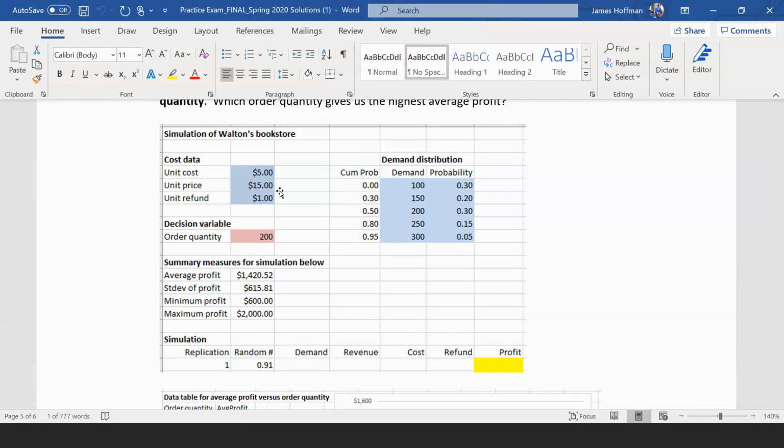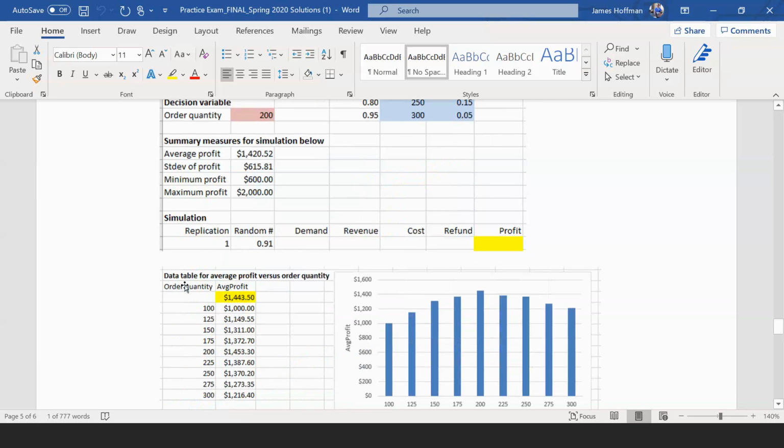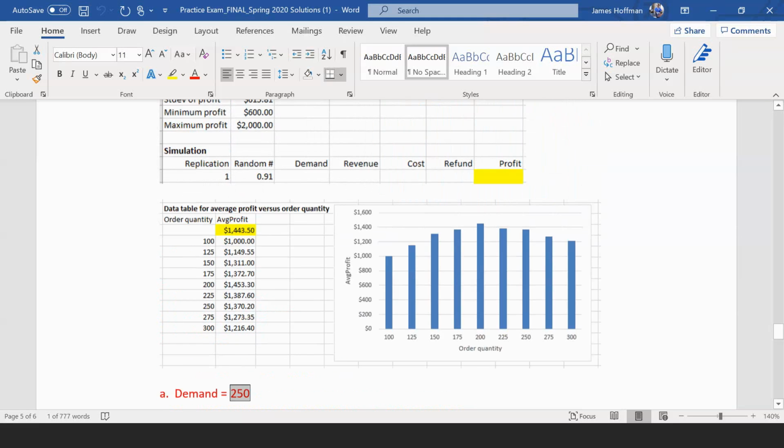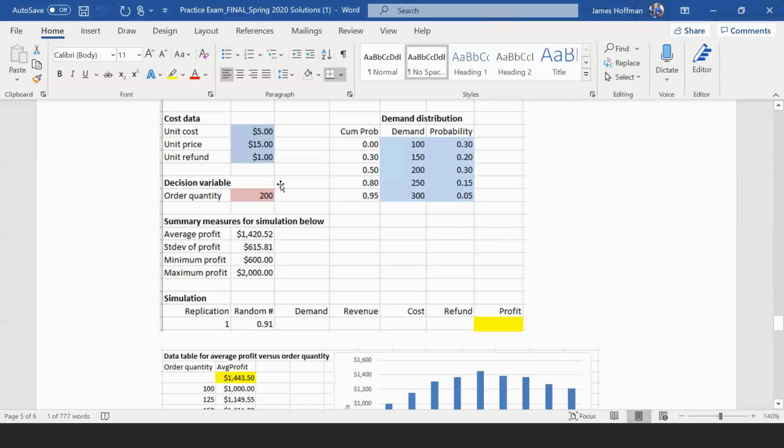So let's look at the two. So demand is 250, and we ordered 200. So obviously we didn't meet demand. All right, so we can only sell the ones we ordered.